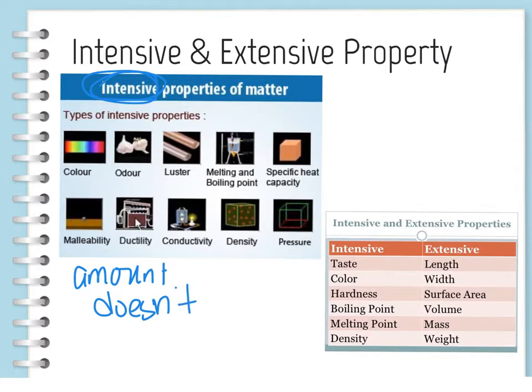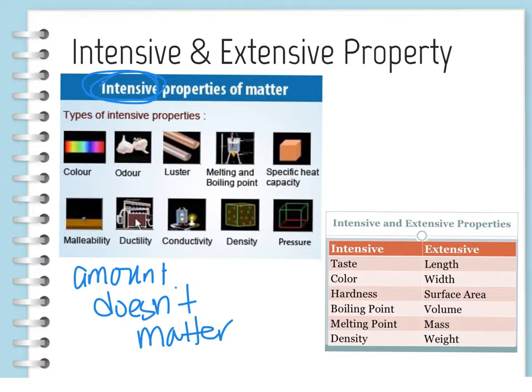When we are measuring the color of a sample, it doesn't matter if you have 2 grams of it or if you have 200 grams. When you're measuring the melting point, if you have a metal, let's say we melt it, it wouldn't matter if we had a little bit or a whole bunch. It's still going to have the same melting point.